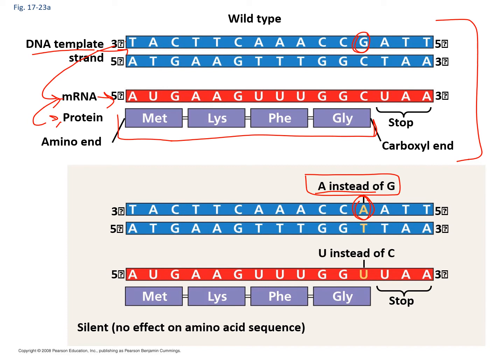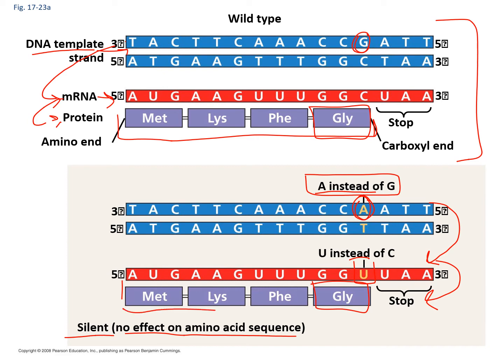And as this template DNA is transcribed, you get a change in the mRNA, but when you actually go through and translate it, there is no change in the amino acid. So this is considered a silent mutation because there is no effect in the amino acid sequence.